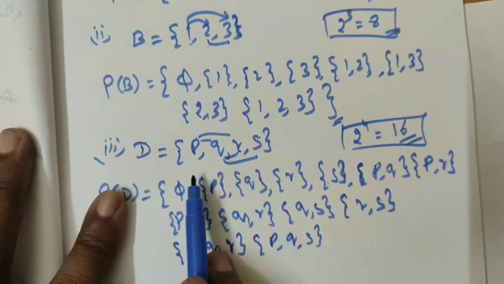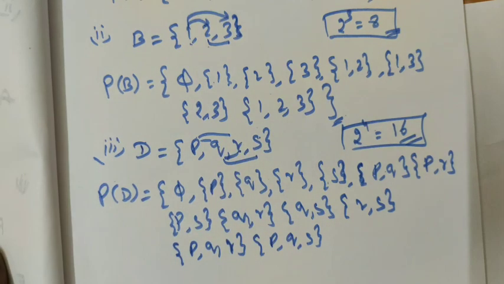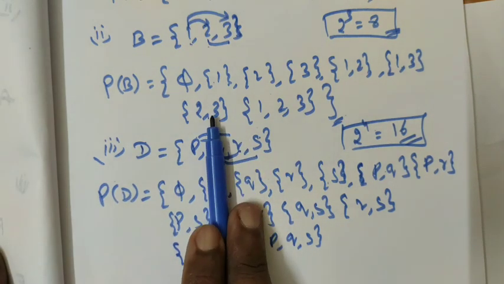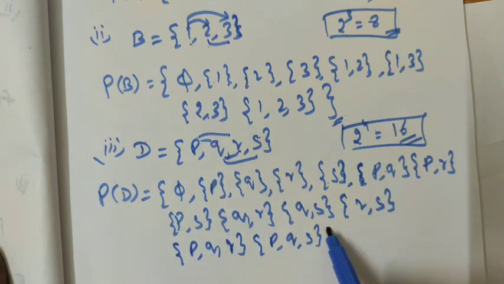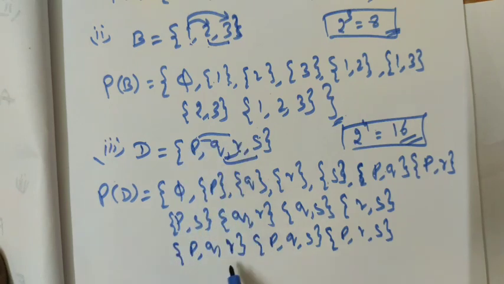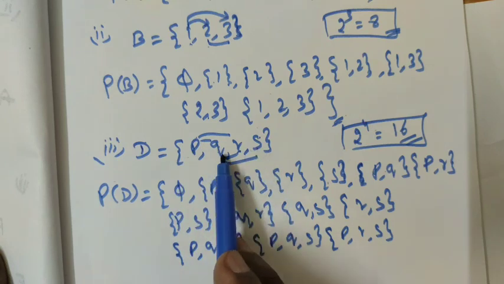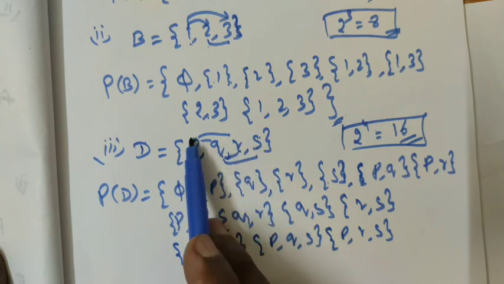Now we omit Q, PRS. The first set is over.